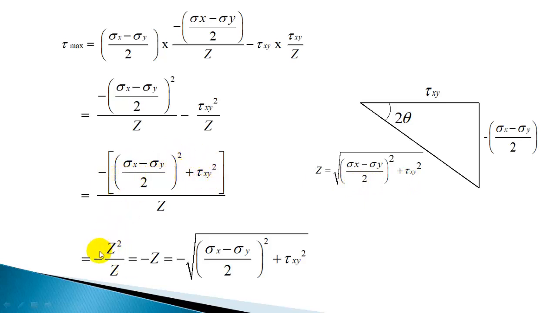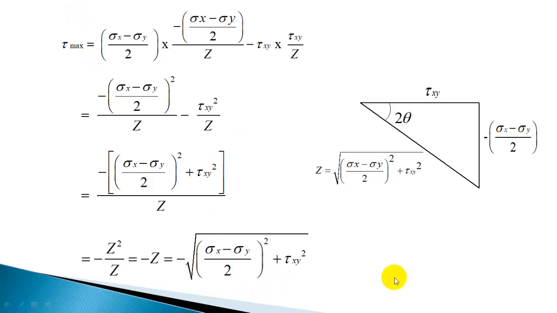So minus z square by z, or minus z. Now z you can replace by this expression: minus of root of ((sigma x minus sigma y) by 2) square plus tau xy square. This is one value of maximum shear stress.